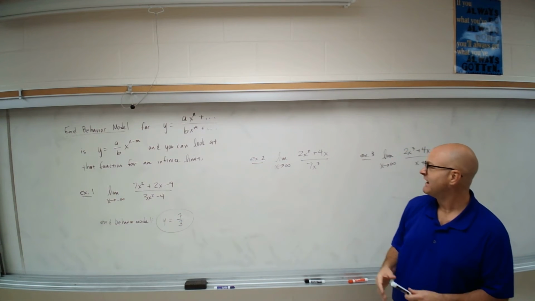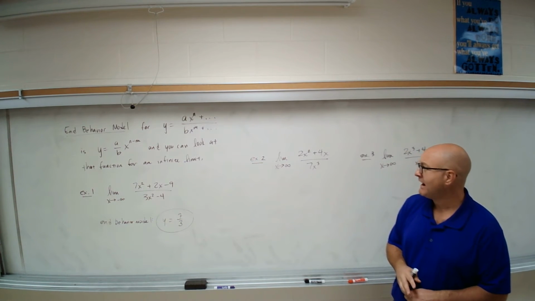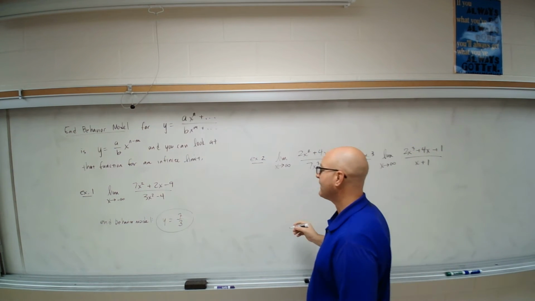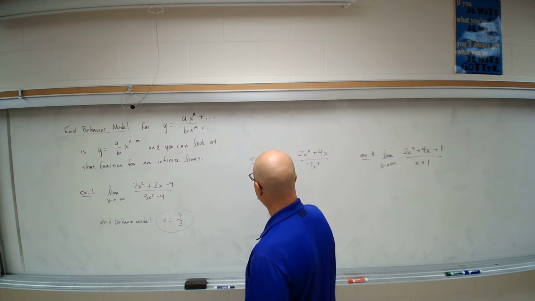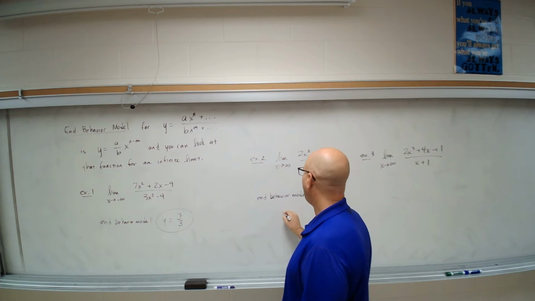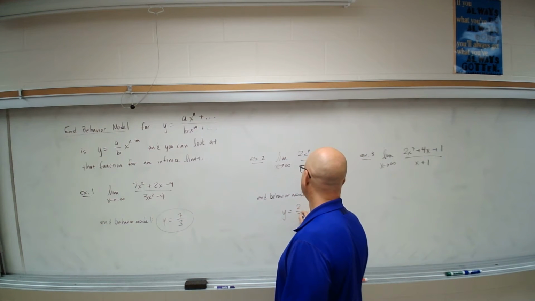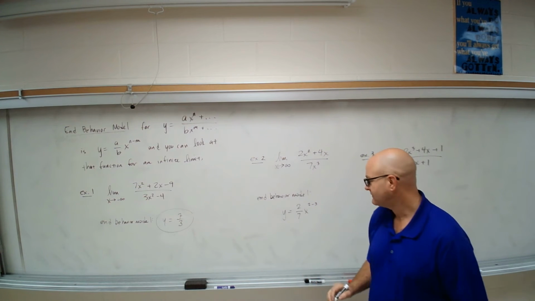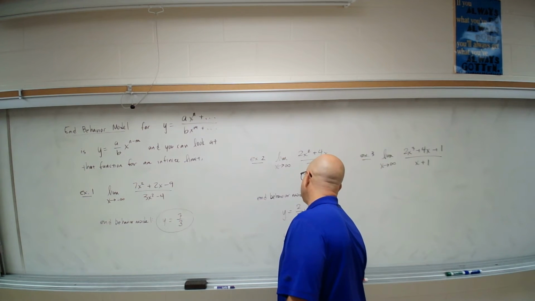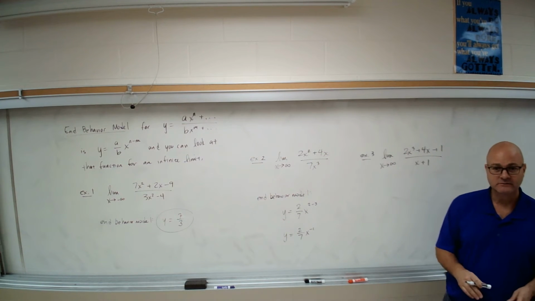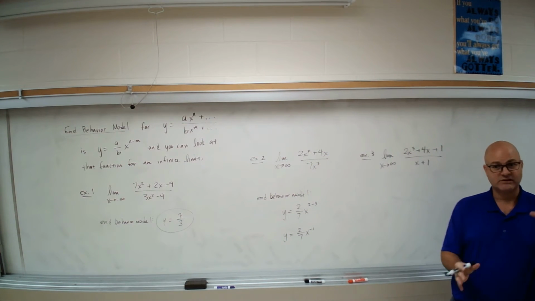So for this next one, the end behavior model, we have the same kind of setup, correct? So with this one, for our end behavior model, you'll get y equals 2/7 x to the 2 minus 3 power, which is y equals 2/7 x to the negative 1 power, right? Which is a hyperbola.